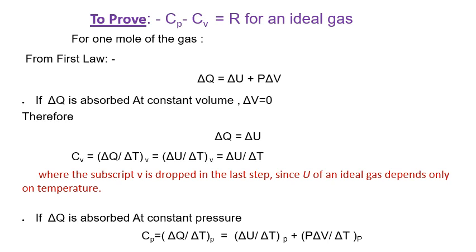We can drop the subscript V in the last step because we know that the internal energy of an ideal gas depends only on temperature.